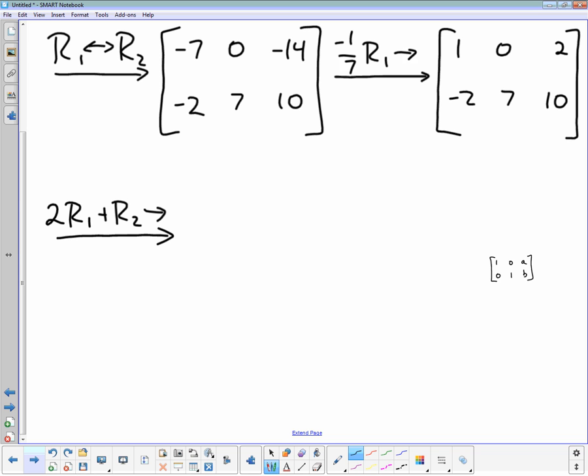Now, does it matter where I put it? If I stored it into row 1, what would happen? I'd lose row 1, and I like row 1. Row 1 is done. I don't want to lose row 1. I want to clean up row 2, right? So I should throw it into row 2.